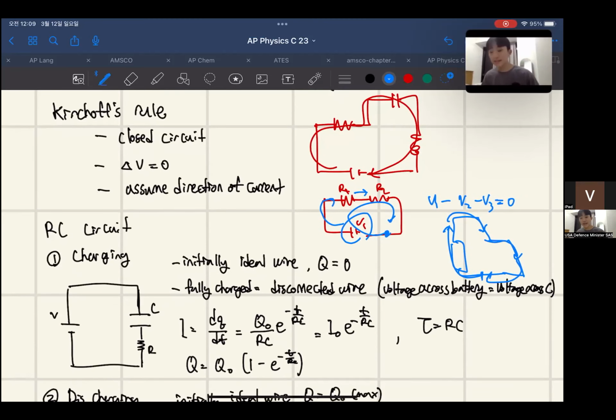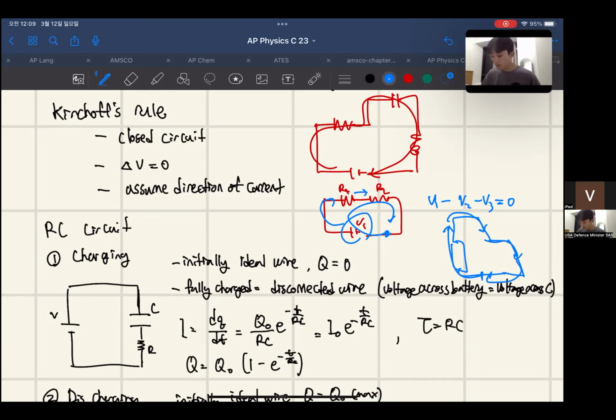And this gets really handy when you want to find, for example, resistance or the amount of current that's flowing in a certain part of the circuit and stuff like that. And one thing you would have to keep in mind is that you don't always know where the current would flow.